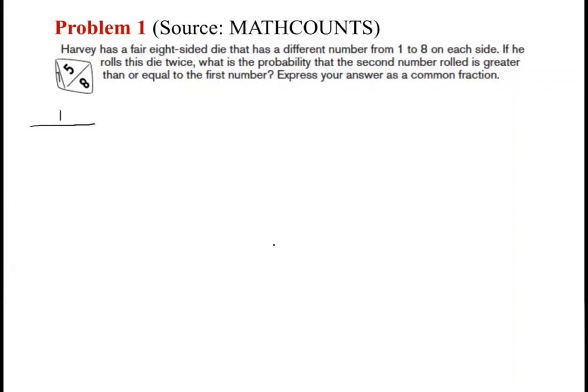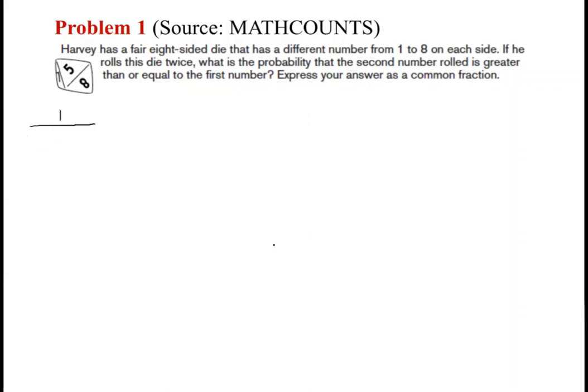So if Harvey rolls a 1 the first time, then for the second number, well, actually, he can roll a 1.